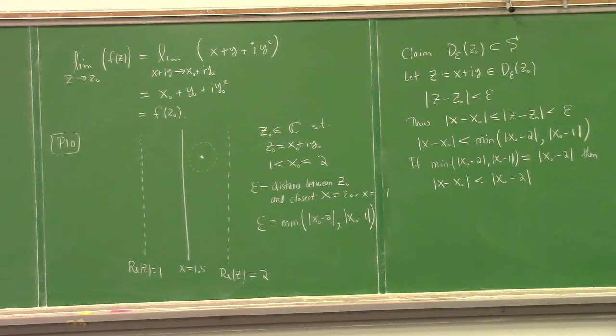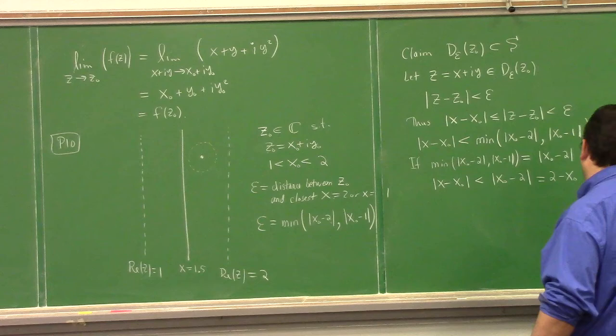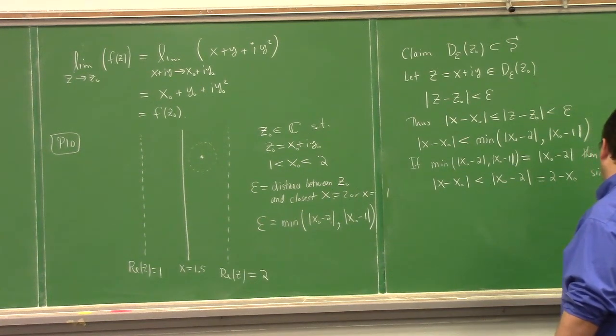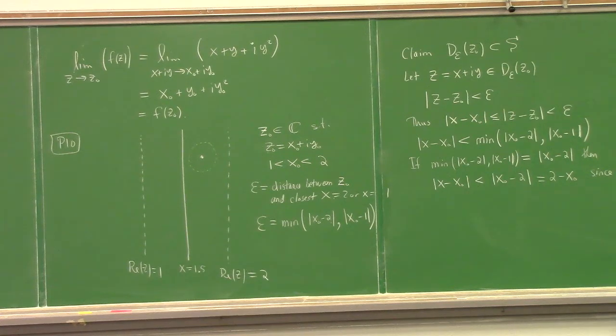Now, I should mention that we know this is equal to 2 minus x naught, since x naught plus i y naught was an element of S. That was assumed at the outset. I shouldn't forget about that. That matters. Otherwise, I was about to get really lost.